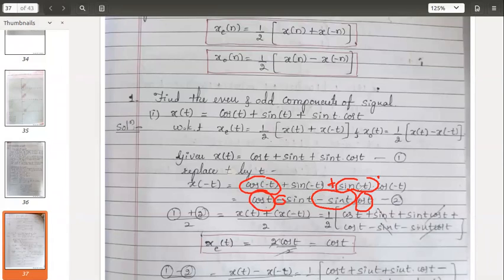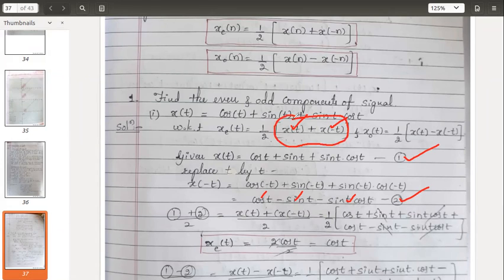Cos t I will keep as it is. This negative sign will come here, that's why this plus will become negative. So cos t minus sine t minus sine t cos t. I have got the original signal, equation 1. X of minus t, meaning taking the reflection, I have got this equation 2.